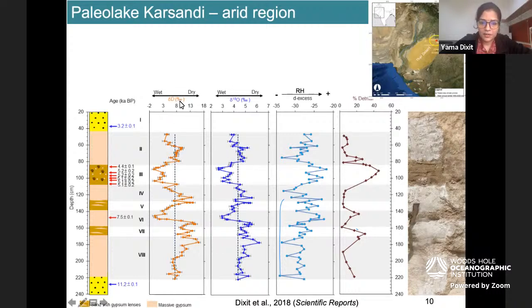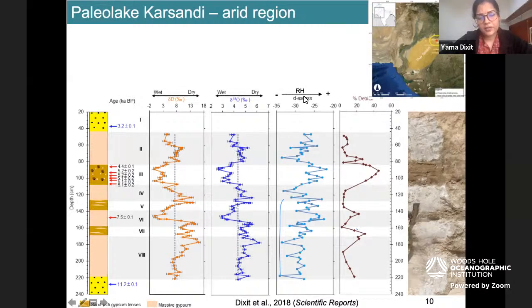The hydrogen isotopes also indicate the same direction. Now, detrital is again the runoff content, and the runoff content is again the highest in this period. So we term this period the wettest period of the region. Now, I'll just focus on this one for a bit.